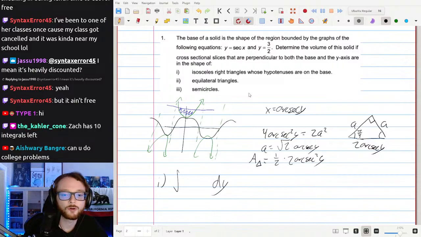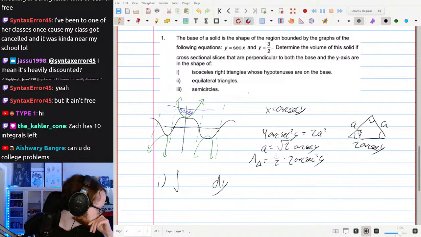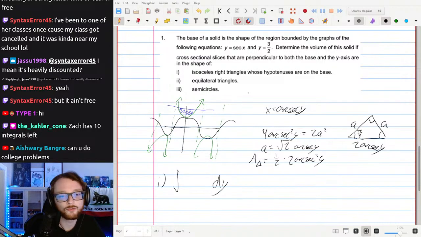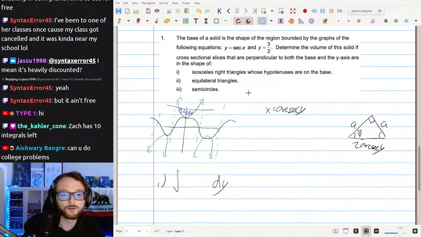I'm thinking about this wrong, aren't I? Y is equal to secant x. It's probably going to be secant squared. I'm doing something wrong with the inverse function stuff.